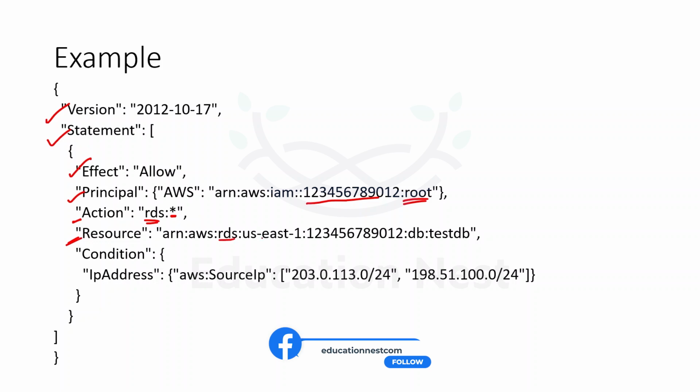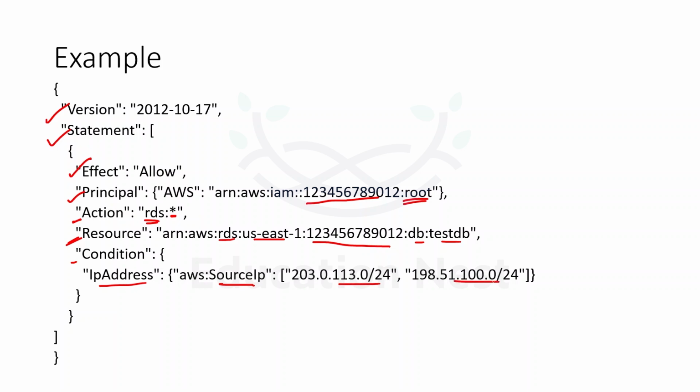The resource is the RDS instance in US East 1, with this account number, and the name of the DB is testdb. And what's the condition? The condition says that the source IP address should be this or this. It should belong to either of these networks. If that is the case, then the root user is allowed to access this particular testdb, which is in US East 1.